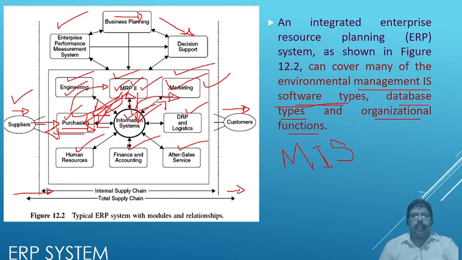The marketing section manages the marketing software. Then DRP and logistics: whatever is produced should be sent to the customer, and that is managed by the DRP and logistics system. Then, for procurement of raw material you need finance, which is managed by the finance and accounting system.